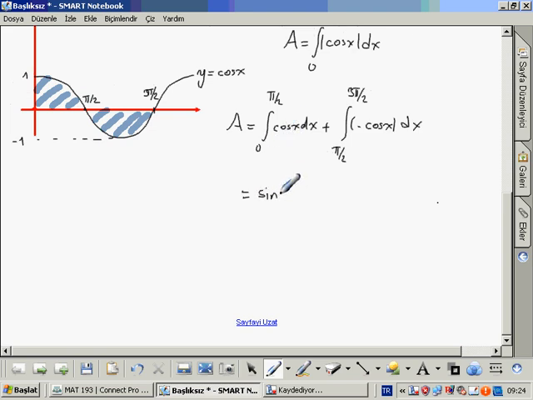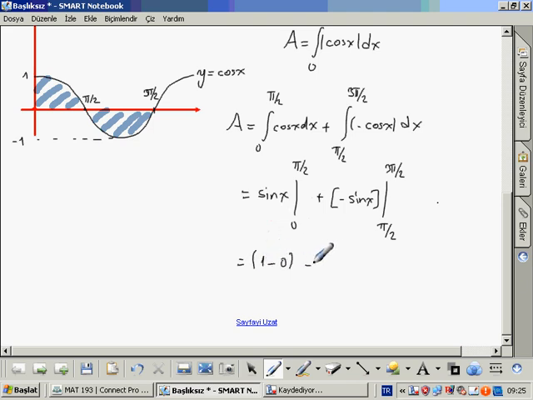The integration of cosine is sine x, we know that, so we have sine x evaluated from 0 to pi over 2, plus minus sine x evaluated from pi over 2 to 3 pi over 2. This part will be sine pi over 2 equals 1, and sine 0 is 0, so 1 minus 0.